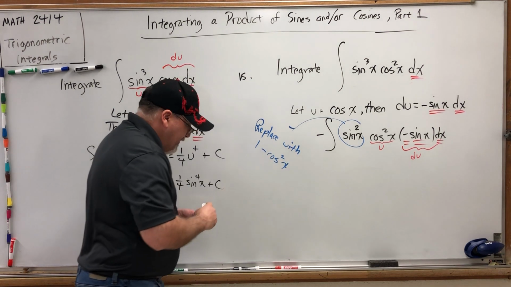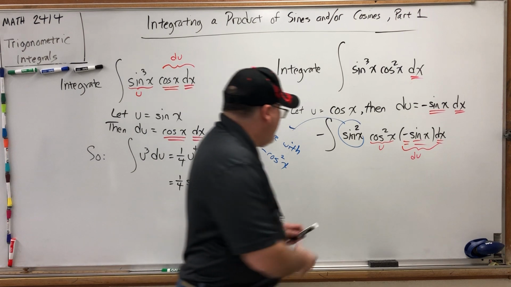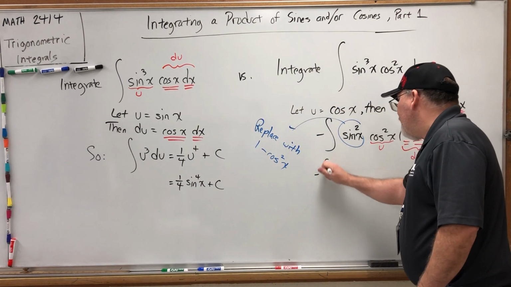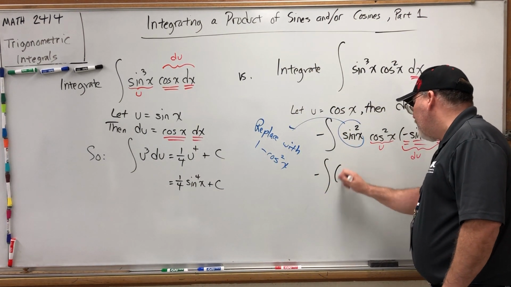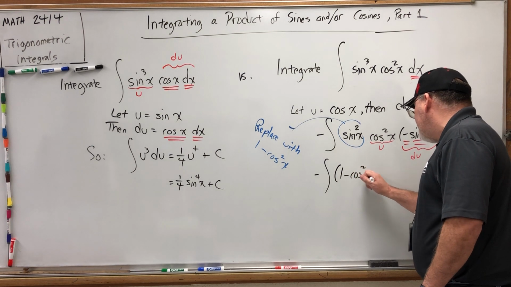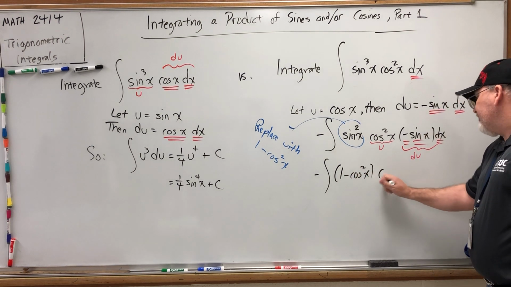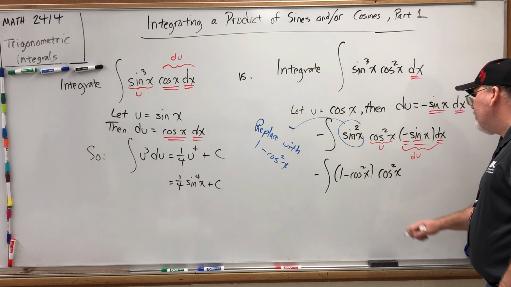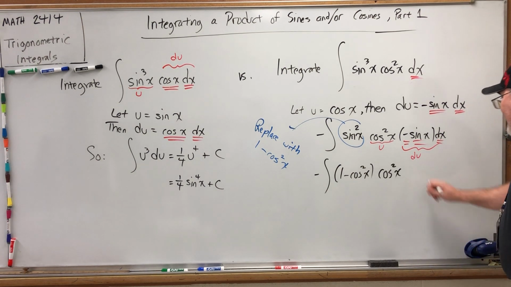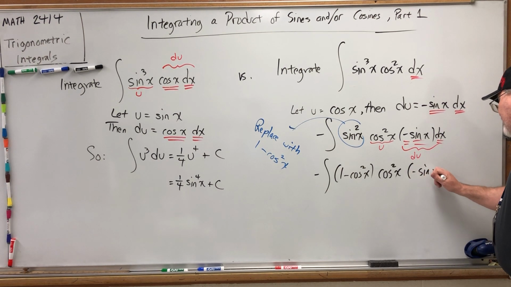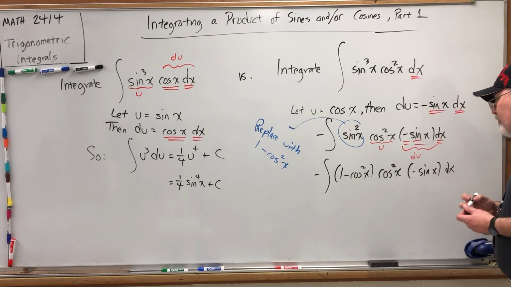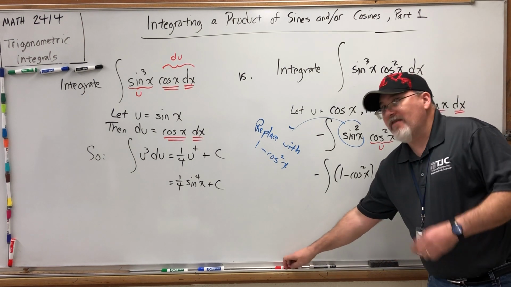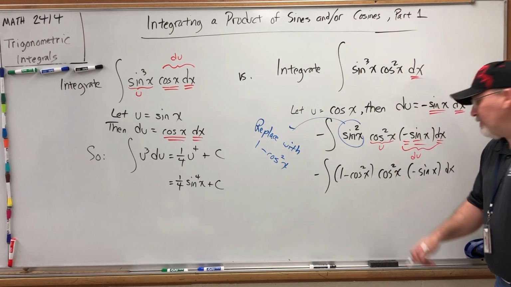Now, is that beneficial? Maybe. If we did replace the sine squared with 1 minus cosine squared x, and we still have this cosine squared x, which is going to become u squared, and we have this negative sine x dx all over here waiting to become du, now everything can be changed.